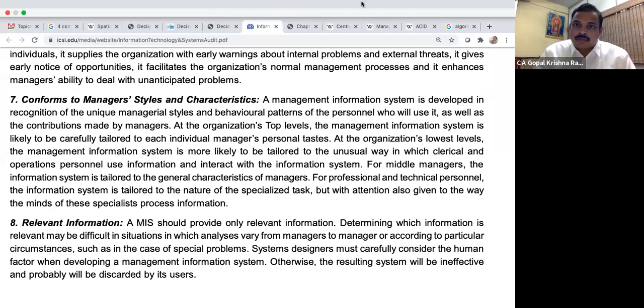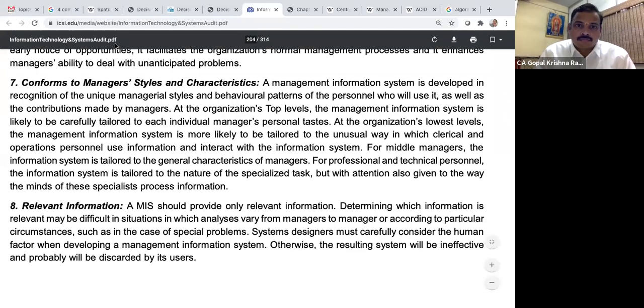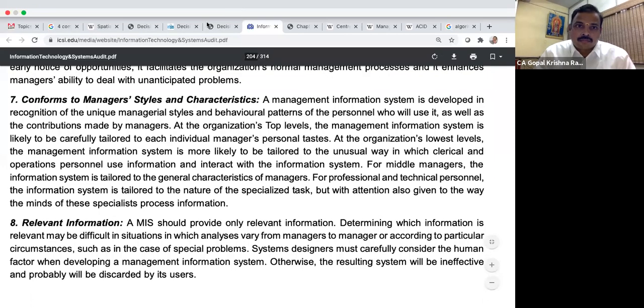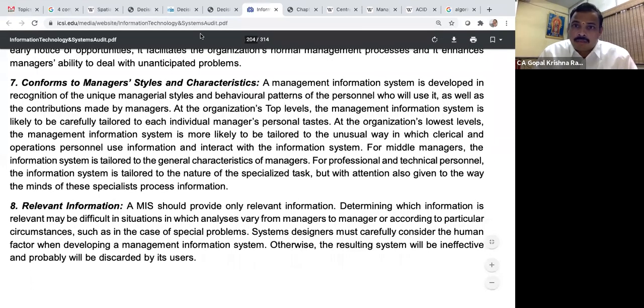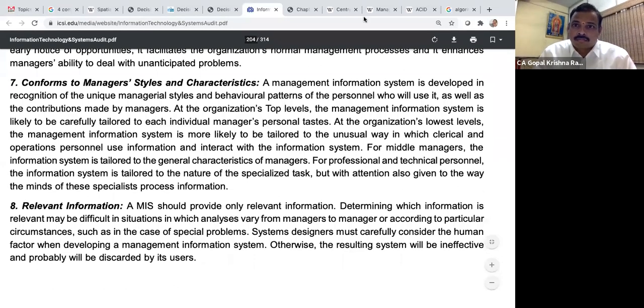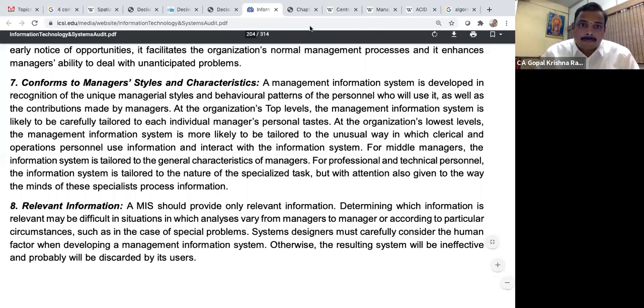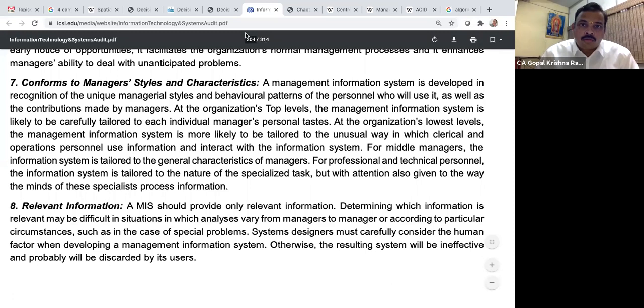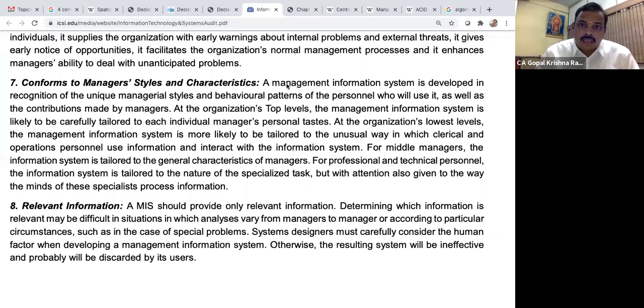Anybody who wishes to ask questions? Bhagavan Patel, you wish to ask any question? Sir, Rinku Mehra. Okay, I'll unmute you. Yes, Rinku Mehra, you can speak now.